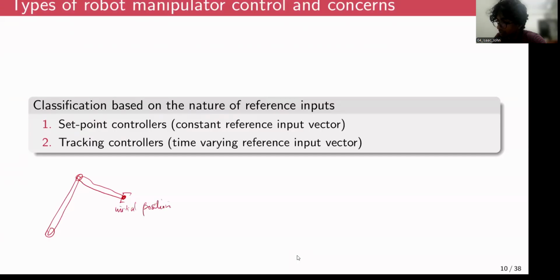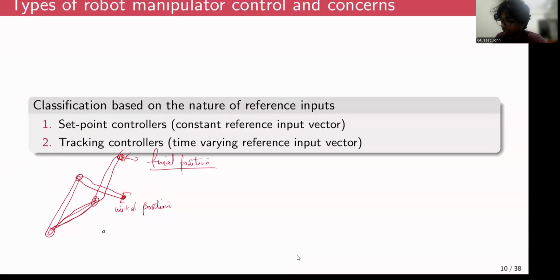And the final position could be somewhere around something like this. So this could be the final position. So in set point control, we are only worried about achieving the final position from the initial position, and we don't really worry about the time history of all the intermediate points.